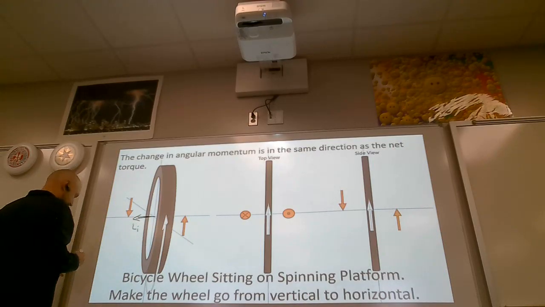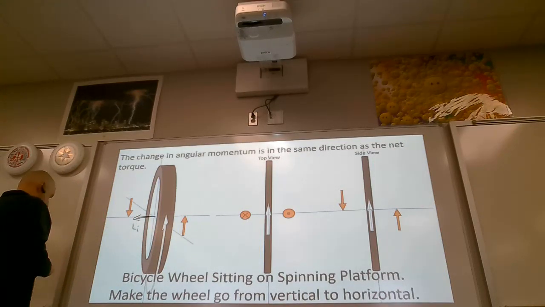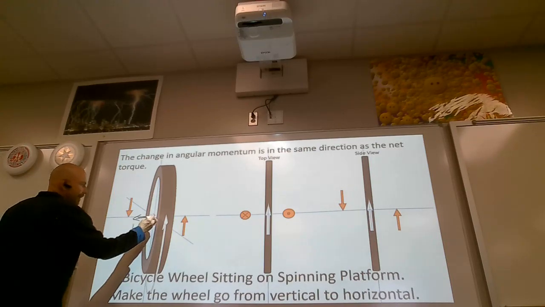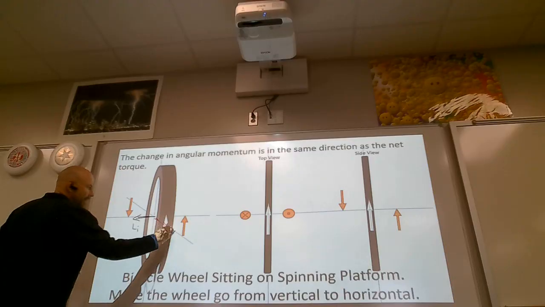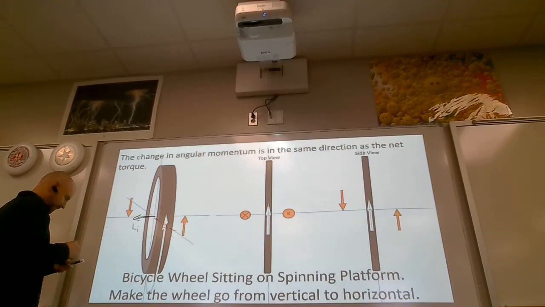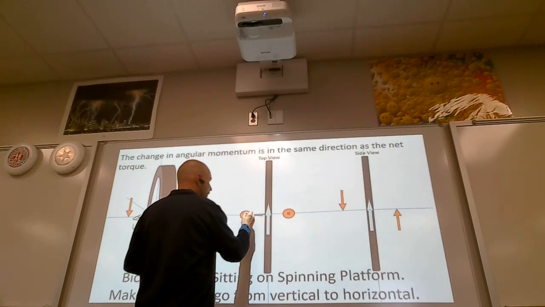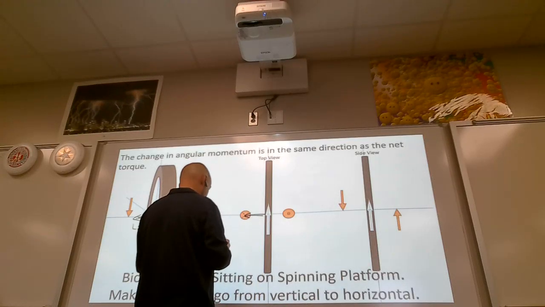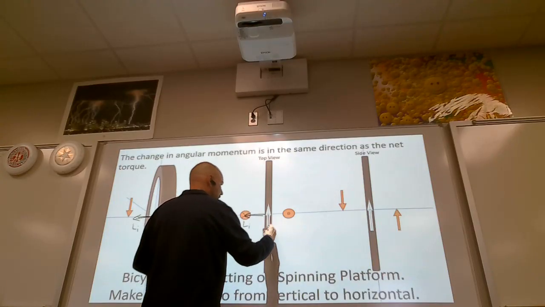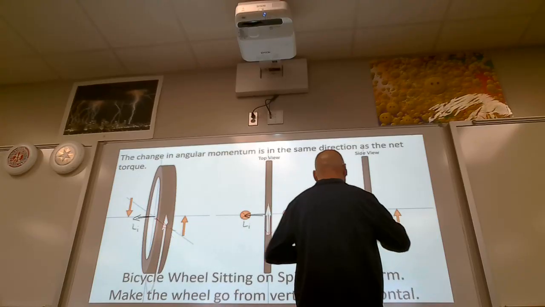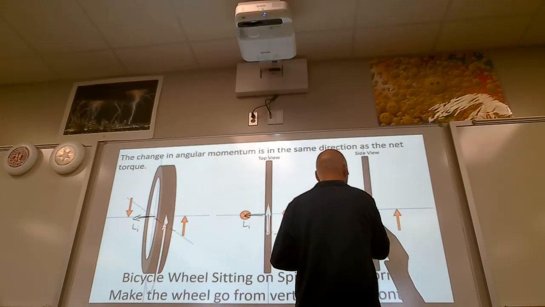This is still that. This is going this way. Top view. Side view.